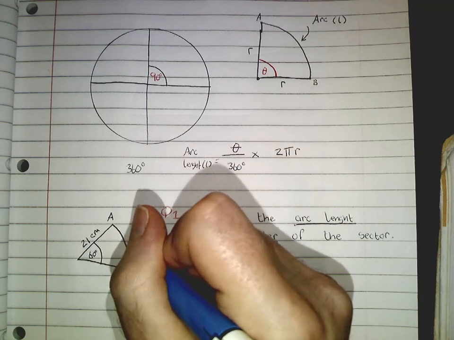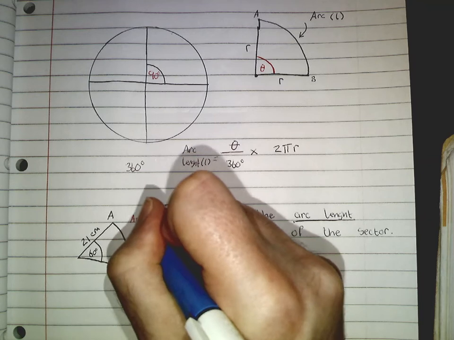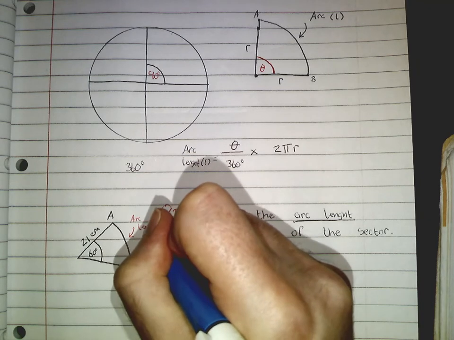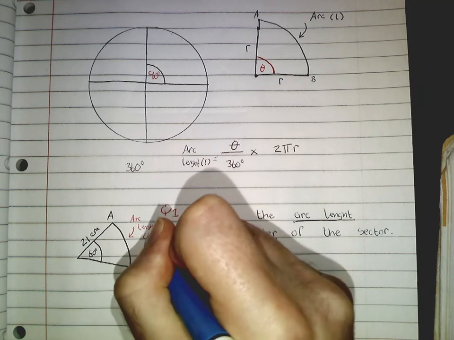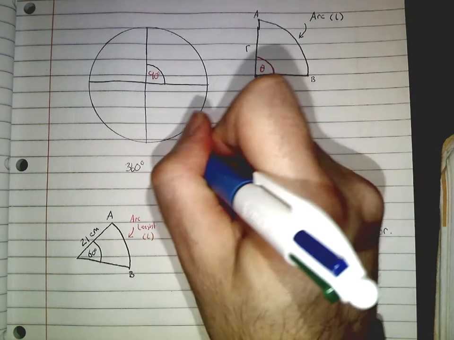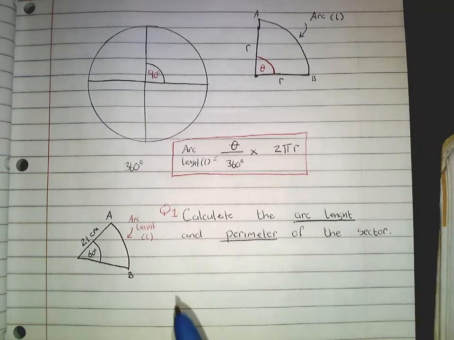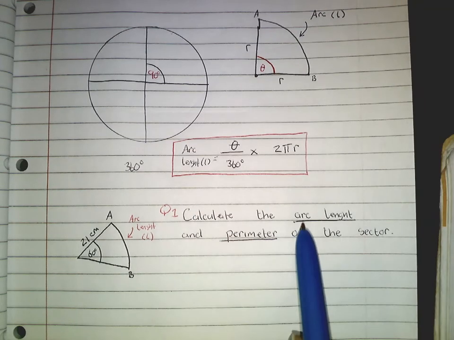Okay, so this will be your arc length, which we give a small l. So this is the formula that we use in order to calculate the arc length.